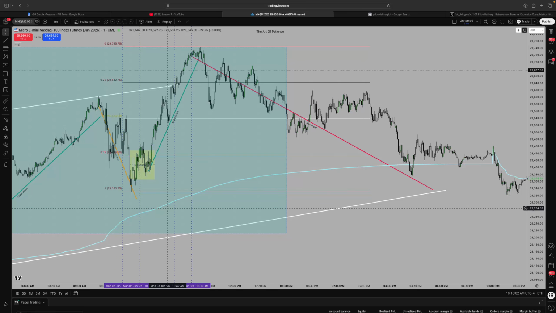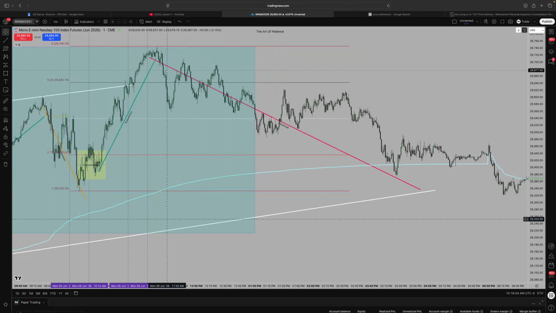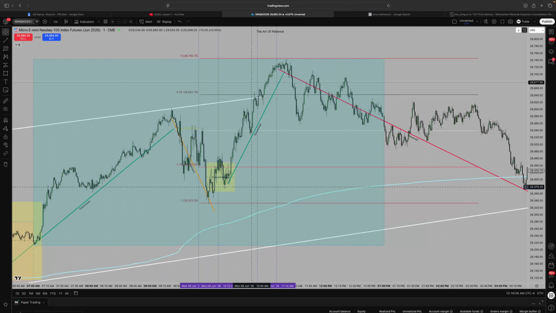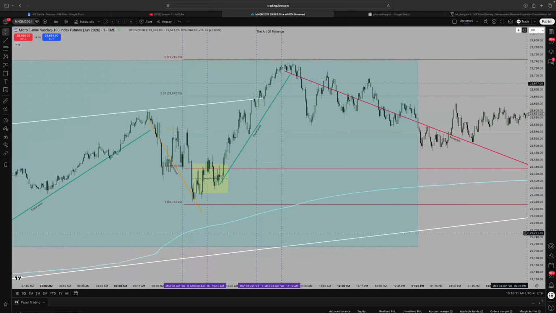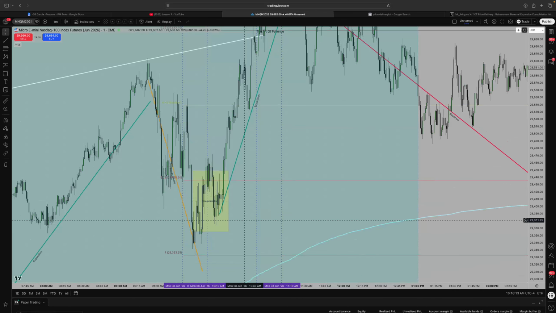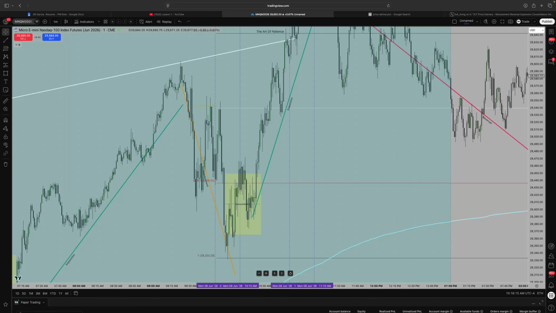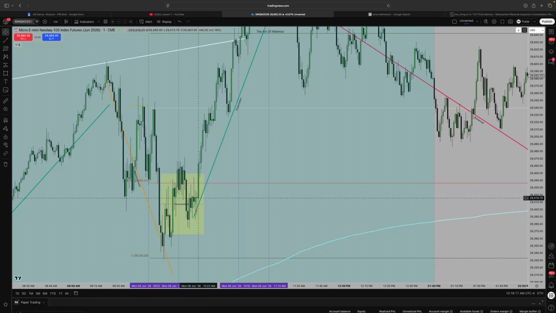That's something that you can also study. It's more of an advanced study. But if we go into this trade, you can see how there's a separation from this candle to this candle into this candle. There's a separation here. And this is what you call a fair value gap.